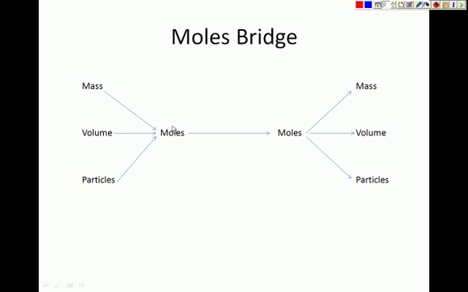And I can use that ratio to change it from moles of one type of molecule into moles of a different type of molecule. And from there, it's fairly simple to change that back into a mass, a volume, or particles. So I can do mass, change it to moles, and go to a different species and change it into particles, or pretty much any kind of thing.